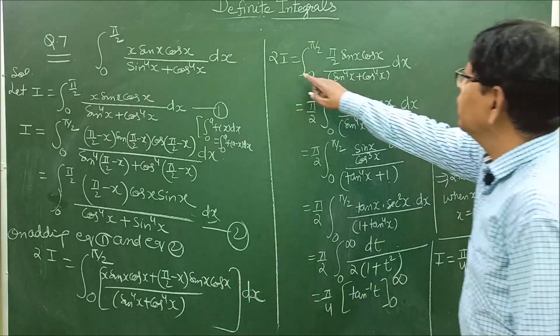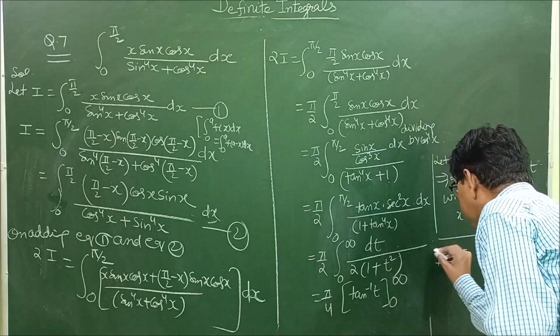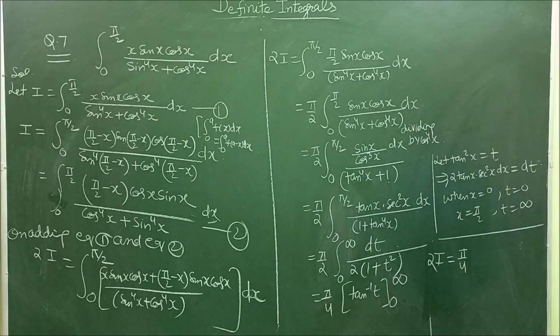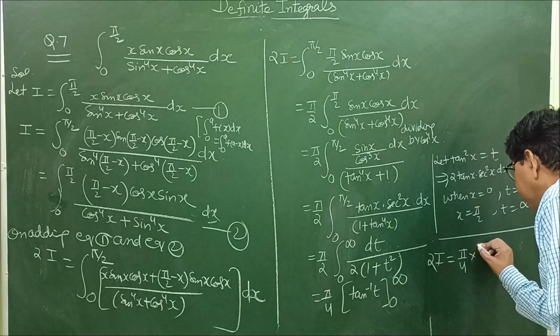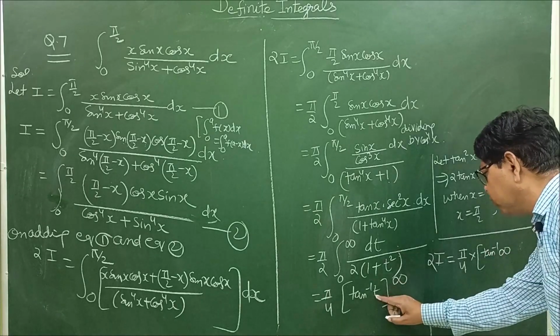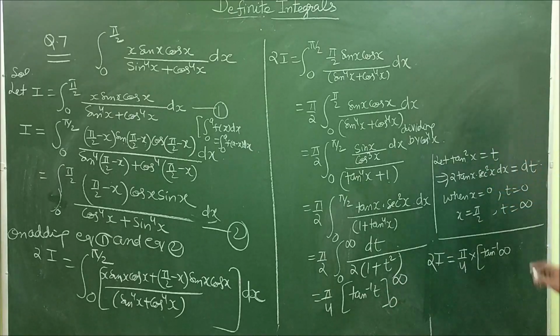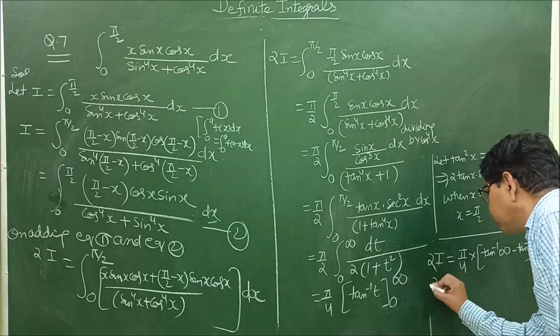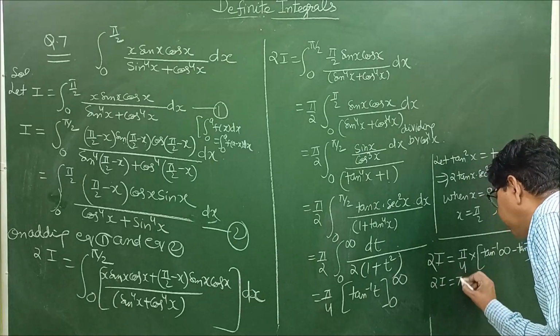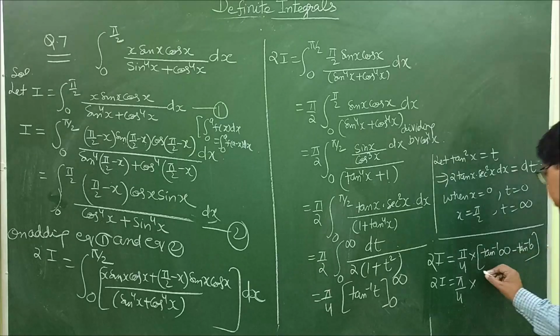Because we have 2I here, this 2I is equal to pi by 4 into tan inverse infinity, putting t equal to infinity, minus tan inverse 0, applying the upper limit and the lower limit. So 2I is equal to pi upon 4 into tan inverse infinity, which is pi upon 2, minus 0.